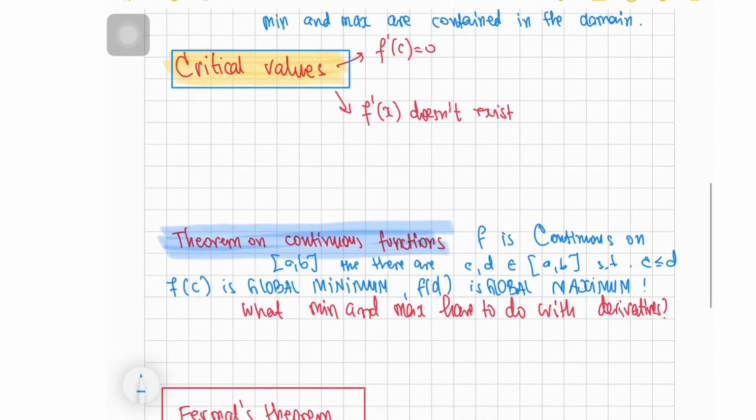So that is the theorem on continuous functions on closed intervals. That means that a function which is continuous on a closed interval attains its minimum and maximum.